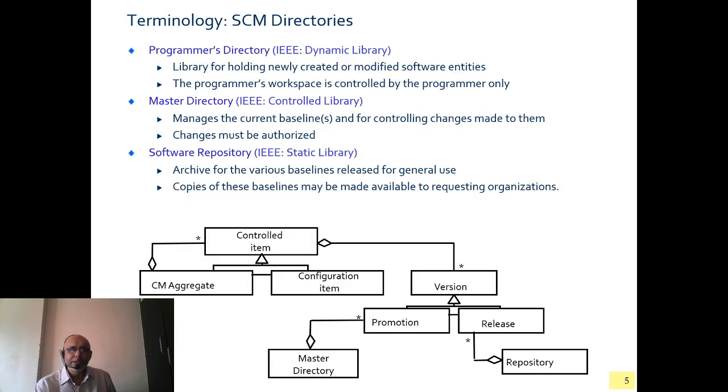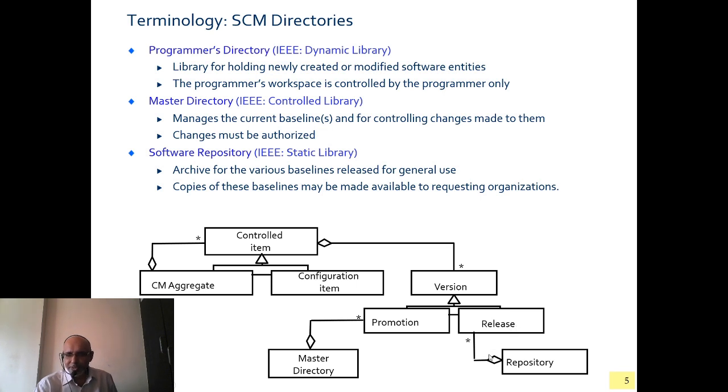And now the UML class diagram for the same, right? A version can be, now this is the parent-child relationship, a hollow triangle. And a diamond box is an aggregation, that is the whole part. So multiple versions make up a controlled item. Now what can a version be? A version can be a promotion or a release.